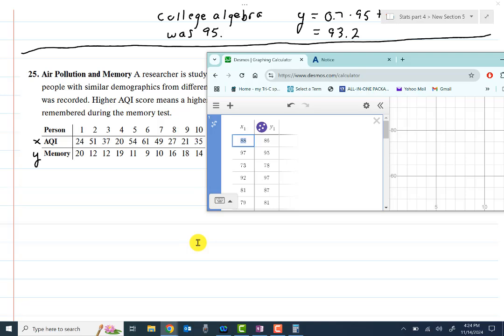As usual, I'll put in my X values first. I forgot to just down arrow, so I've got to delete a bunch of things here.